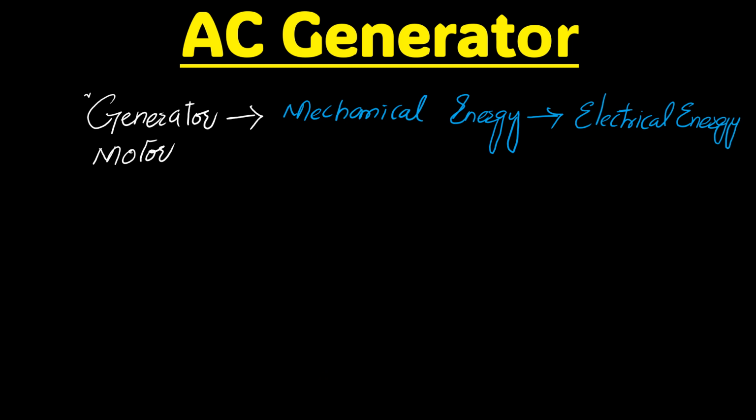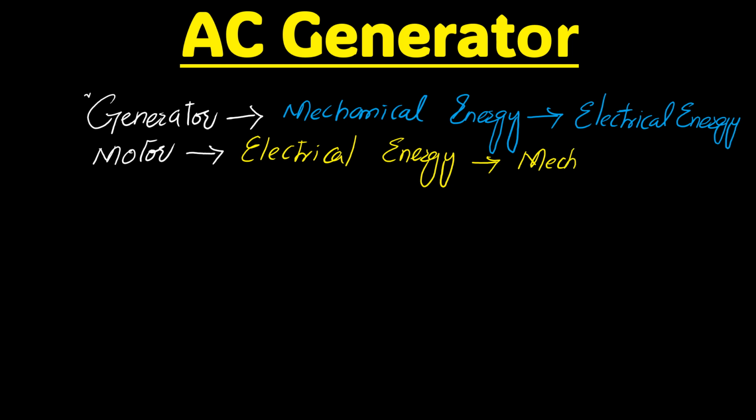So we can define a motor as a device which basically converts electrical energy into mechanical energy. A common example of a motor which is used in daily life is just a fan.